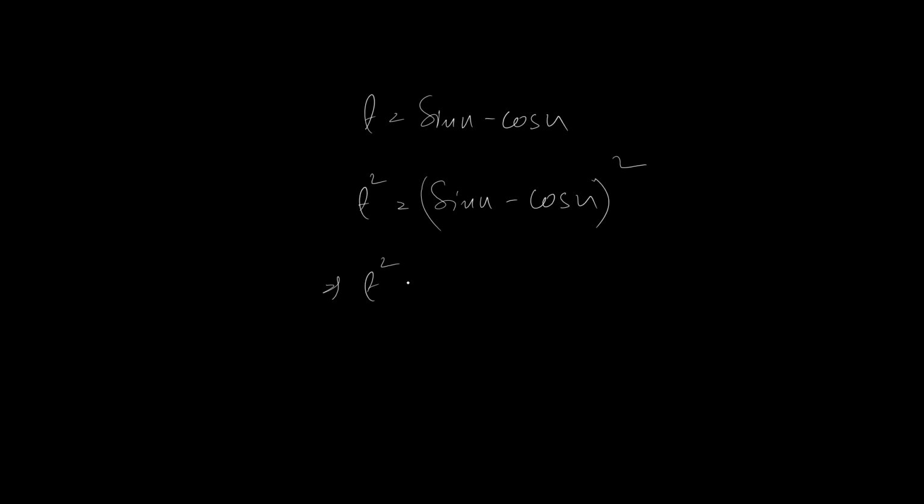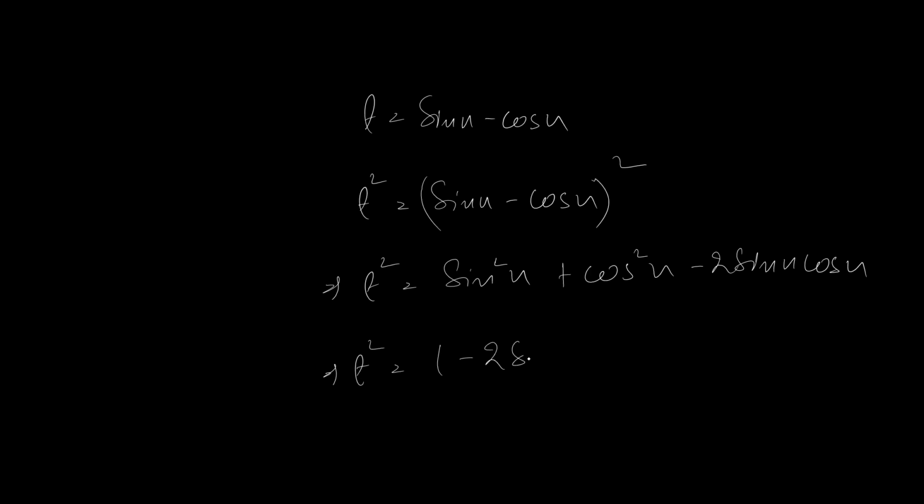So t square is equal to sin square x plus cos square x minus 2 sin x cos x. So t square is equal to 1 minus 2 sin x cos x, which becomes sin 2x. So t square is equal to 1 minus sin 2x.